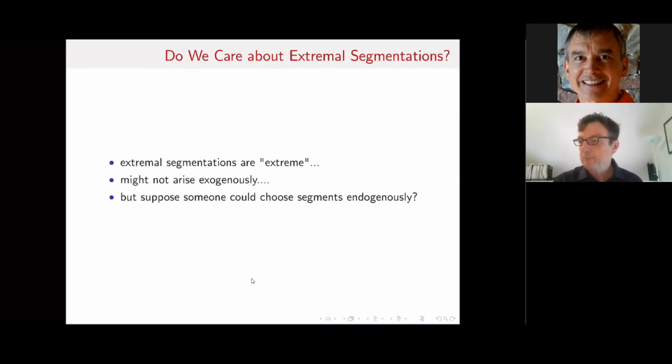Of course, it was a theoretical and analytical exercise that we did here, and we pushed in some sense the boundary of what we can achieve with information to the extremes. That's why we call them extremal segmentations. But think about the impact that you could have by choosing segments endogenously. Okay.